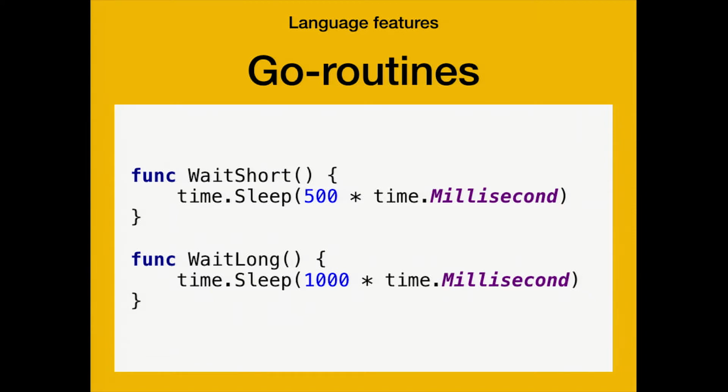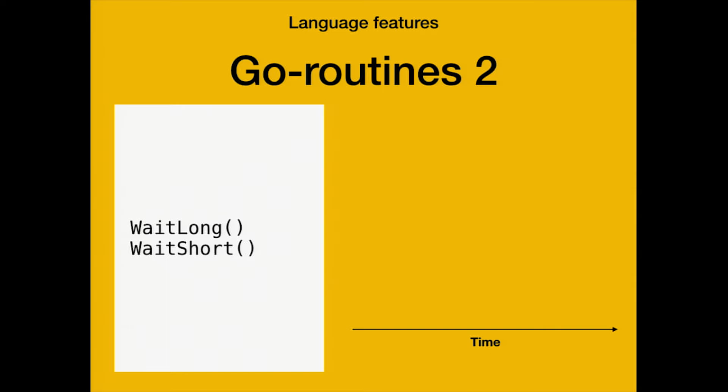I'm going to show you with an example. The wait short function sleeps for 500 milliseconds, and the wait long function sleeps for a second. It's not too exciting, but it's illustrating. Imagine that you have these two calls, and we call the wait long function first, the wait short function second. Normally the wait long function runs, and only after it ran, you have the wait short function. So they wait for each other.